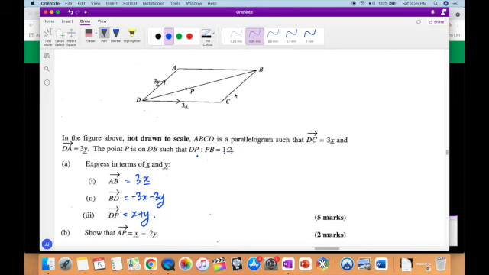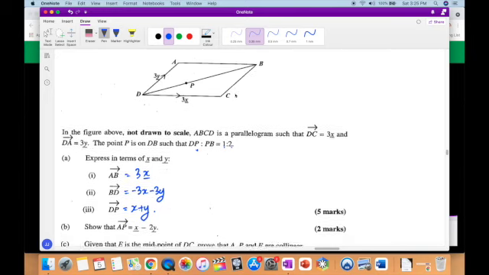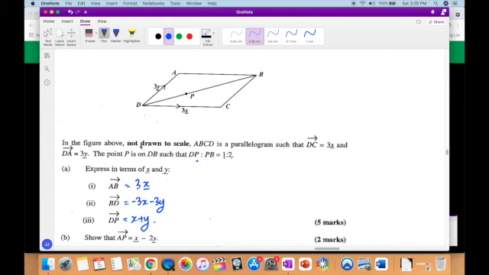All of these things play a role. So at the end of the day, they want me to find out what AP is. And all I did was triangle law. AP is AD plus DP.